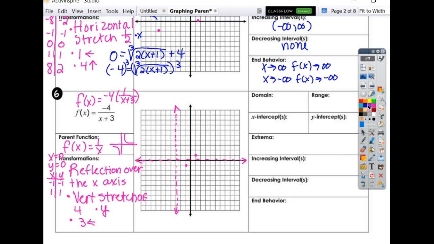Next, it's a vertical stretch of 4. So I'm at -1. So -1 times 4 is -4. So 1, 2, 3, 4. And then where do I move that point? So 1, 2, 3. So right here is my point.